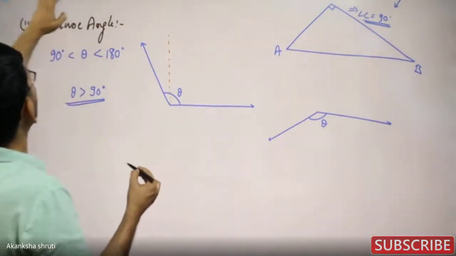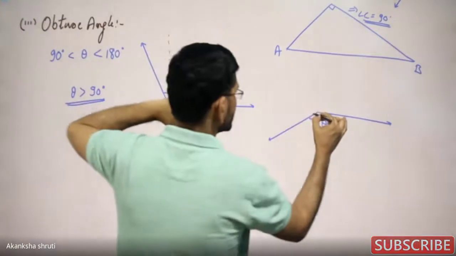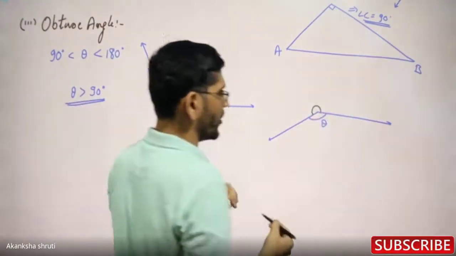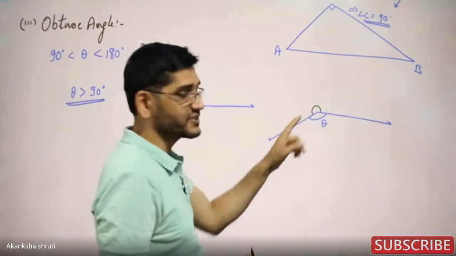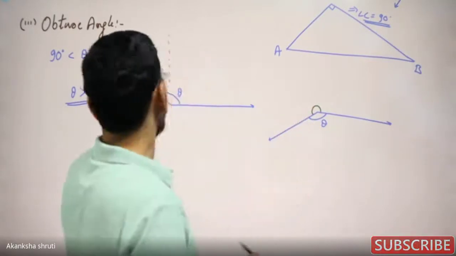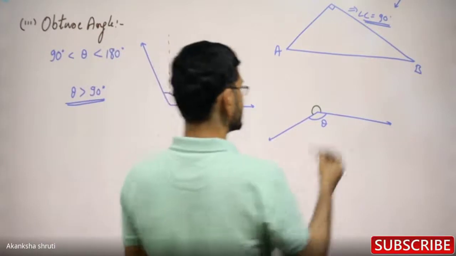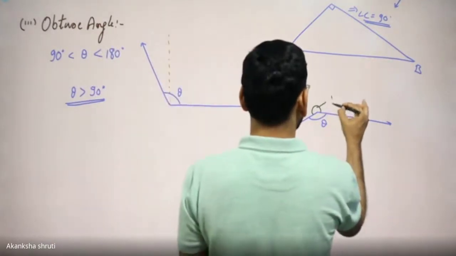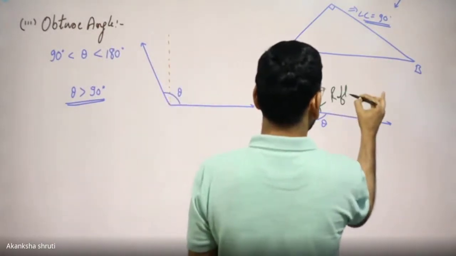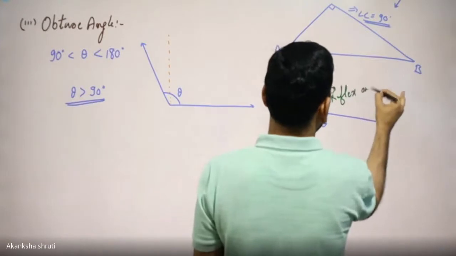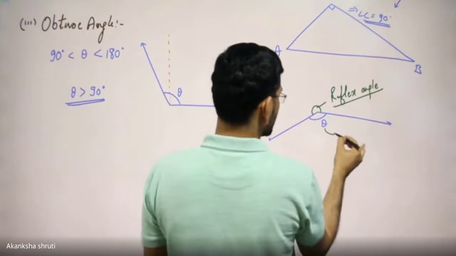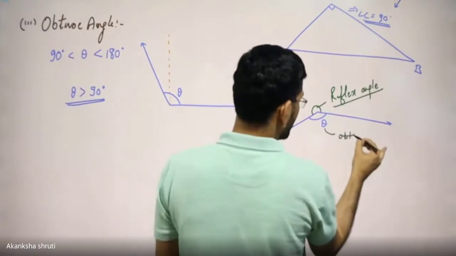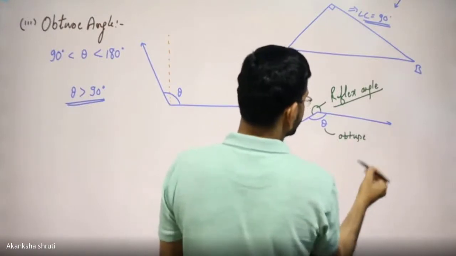Students, one may think this is also another angle formed. Yeah, this is also another angle which is formed, but this angle is not called an obtuse angle, rather this angle is called a reflex angle. That we will learn. Students, though here theta is our obtuse angle.